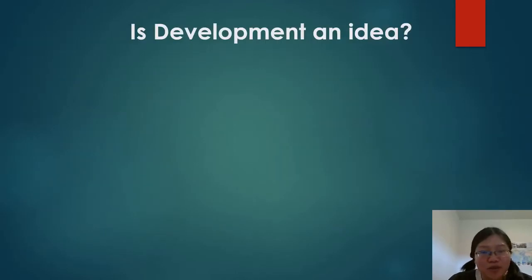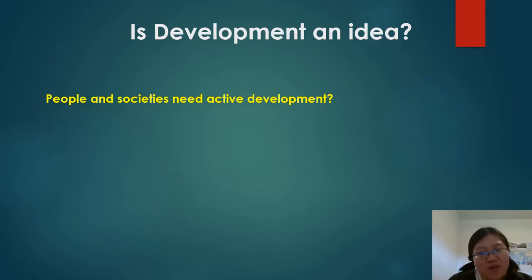In the international development world, however, development is an idea that people and societies need active development, that they should change themselves in a systematic and planned manner to achieve a better stage.